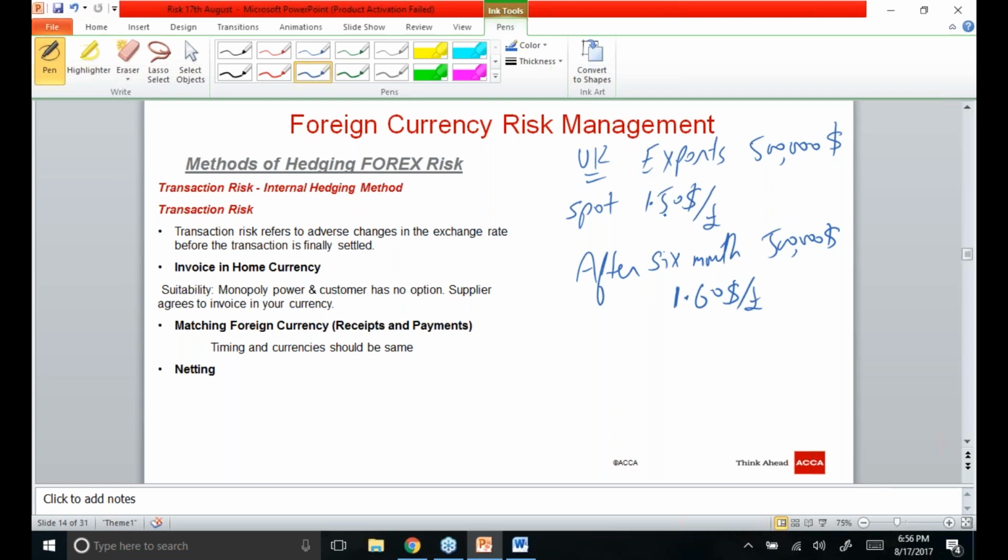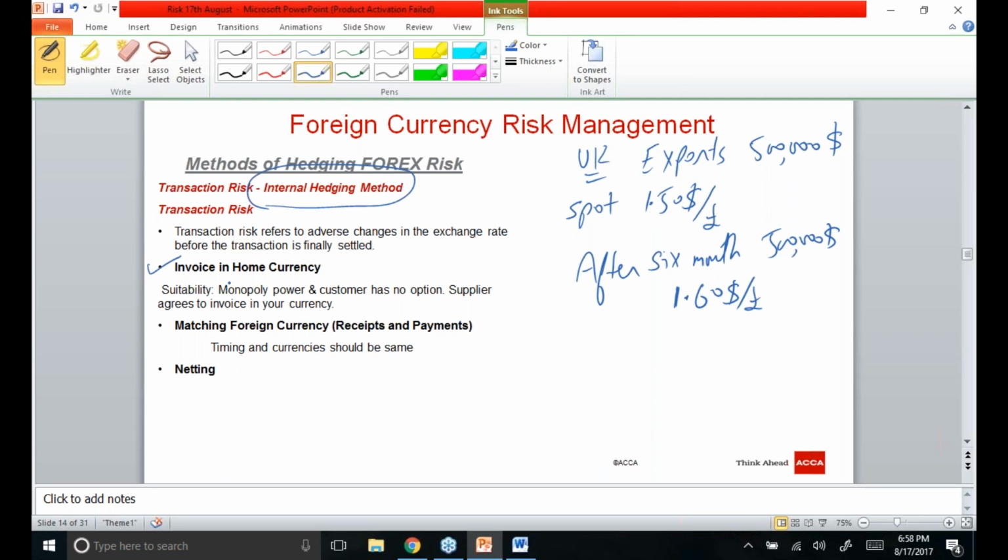There are many ways to resolve this risk. There are many ways to hedge this risk. First one is the internal hedging method, and second one is the external hedging method. The internal hedging method means invoice in home currency.